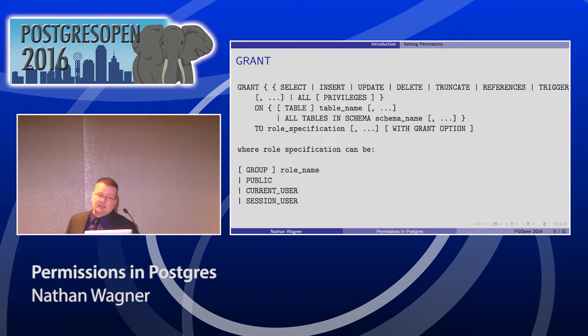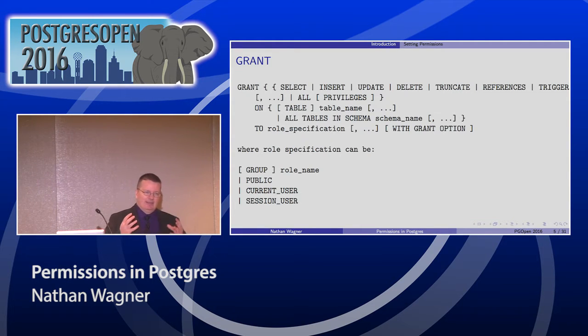And you have to specify here, you can see, the role specification. You have to say who you're giving the privileges to. The option there is a role name, and roles, groups, users really all mean the same thing in Postgres. They're the same kind of thing.